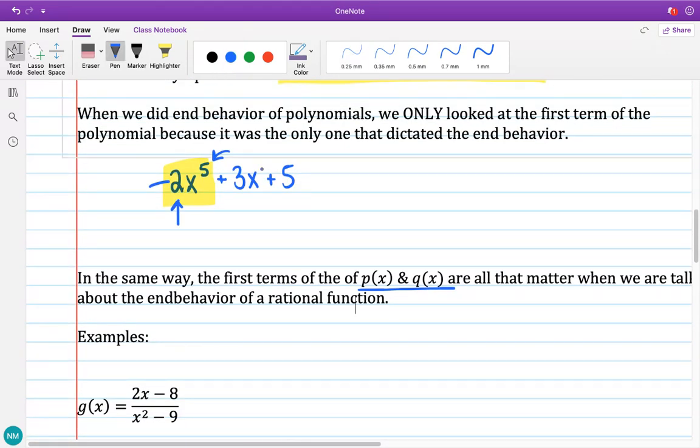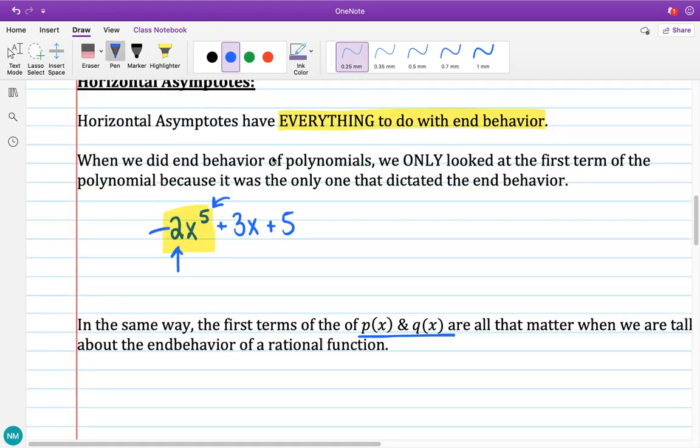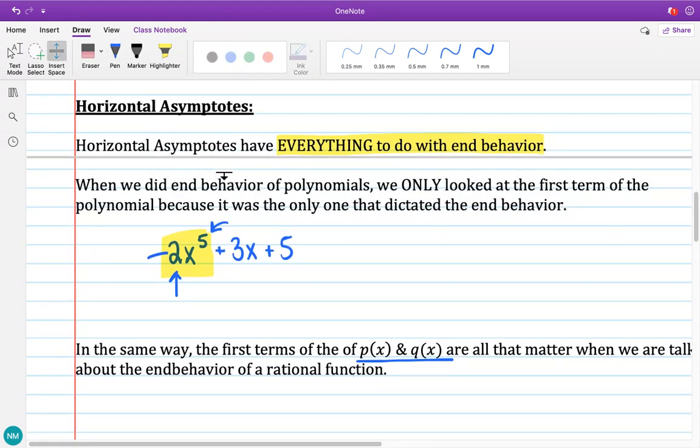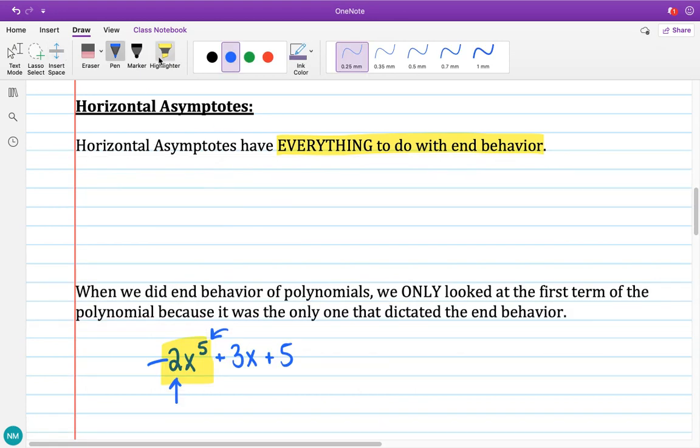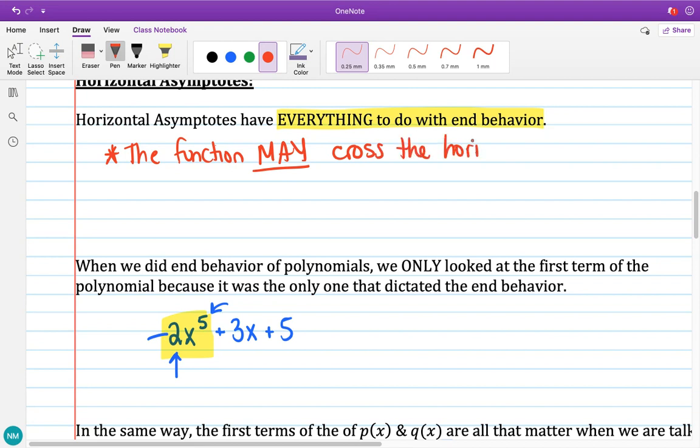I didn't write this down, but I want to make sure we understand one thing. Because horizontal asymptotes have everything to do with end behavior, it's important to note that the function may cross the horizontal asymptote.